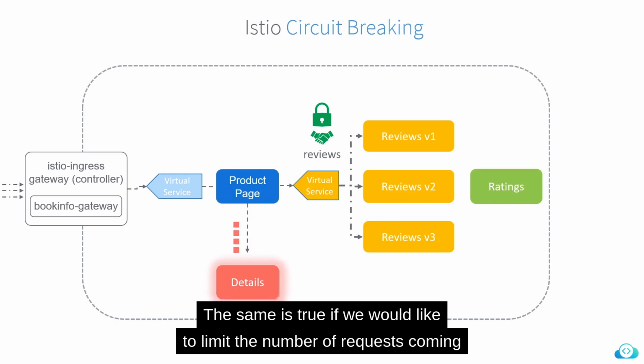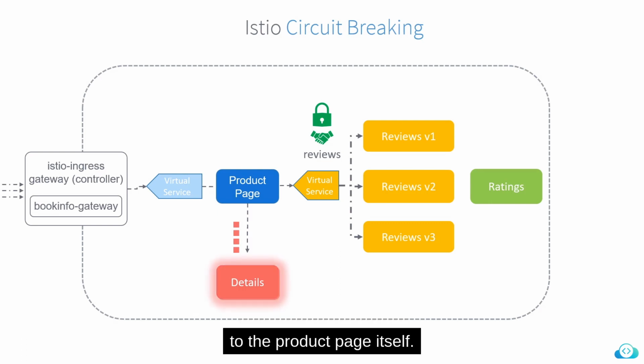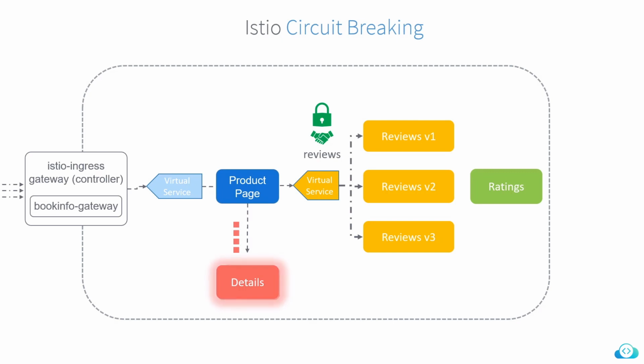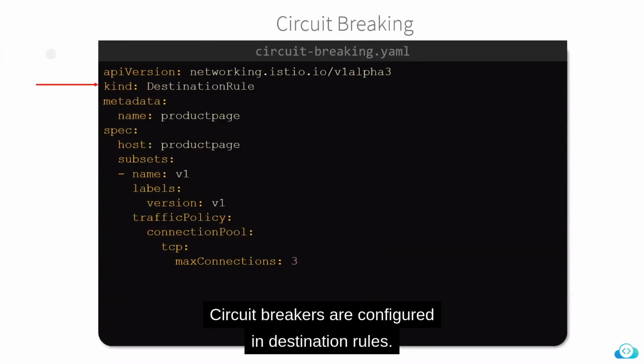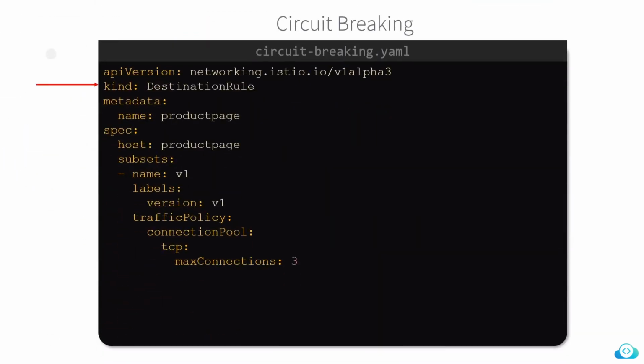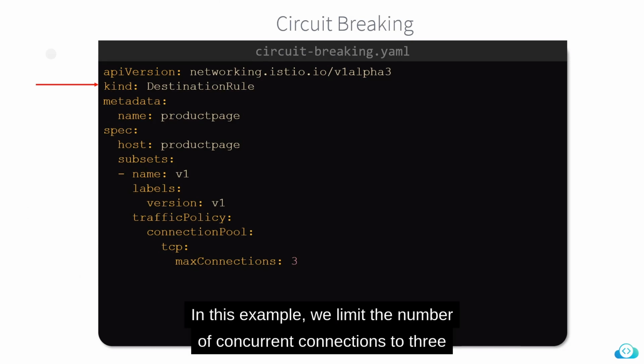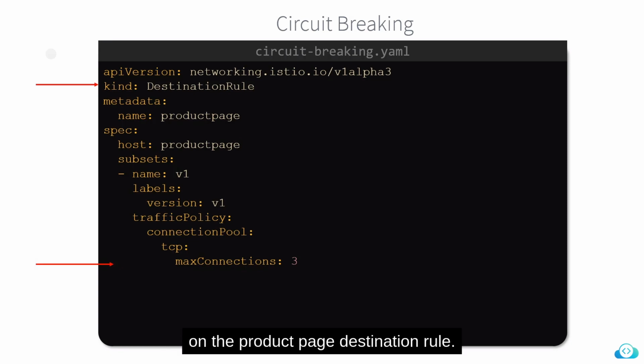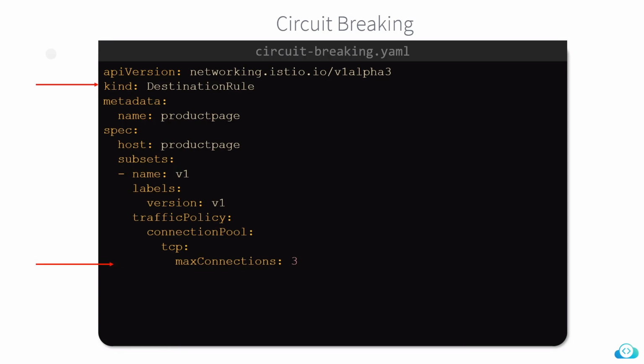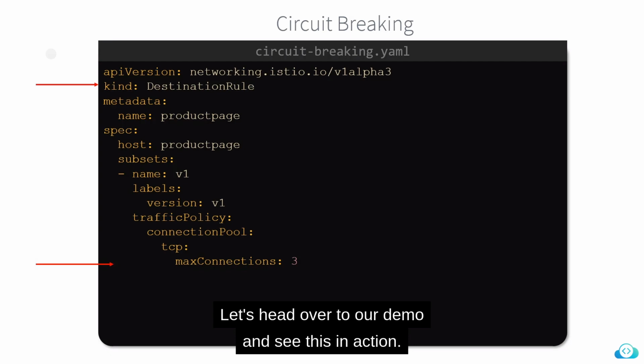The same is true if we would like to limit the number of requests coming to the product page itself. Circuit breakers are configured in destination rules. In this example, we limit the number of concurrent connections to 3 on the product page destination rule. Let's head over to a demo and see this in action.